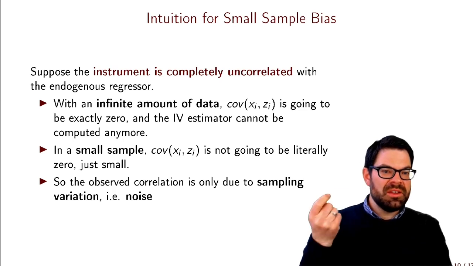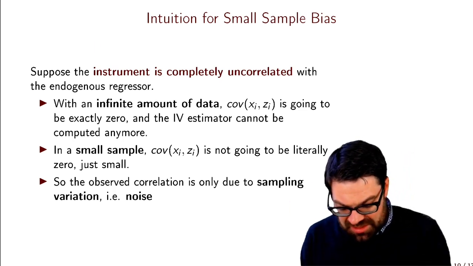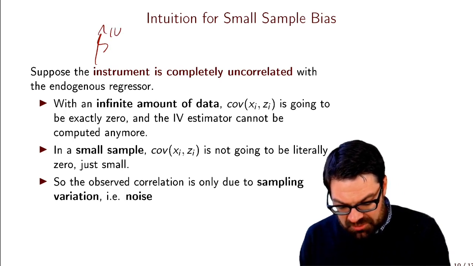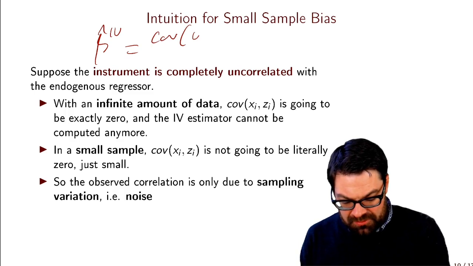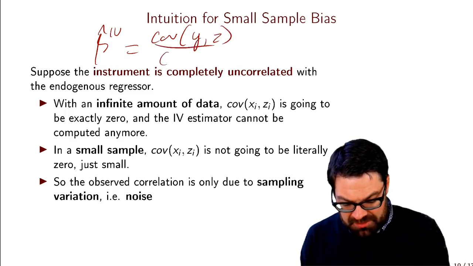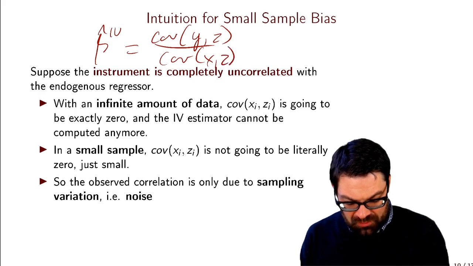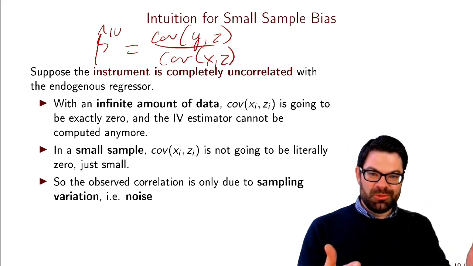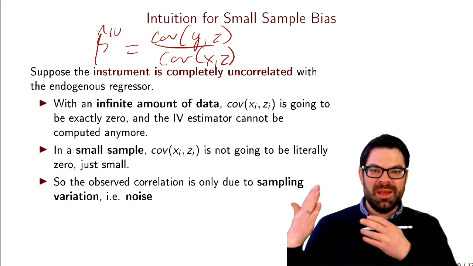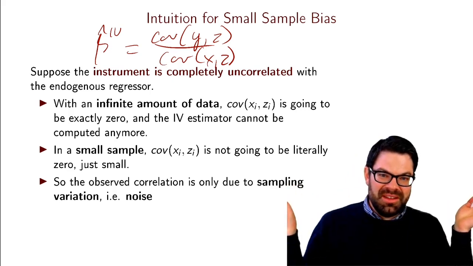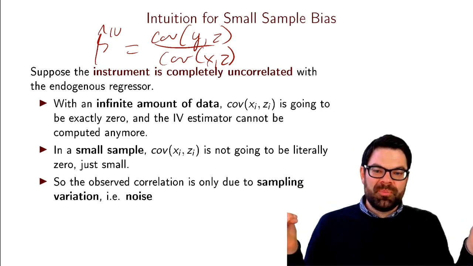And so obviously you can't even compute the IV estimator, because the IV estimator in its simplest form is the reduced form divided by the first stage. And obviously if the first stage is 0, then you can't even compute the IV estimator. It just goes to infinity, and you can't say anything meaningful about it.